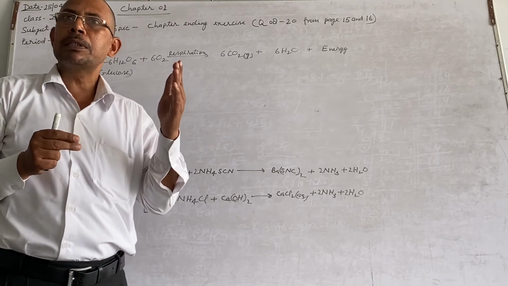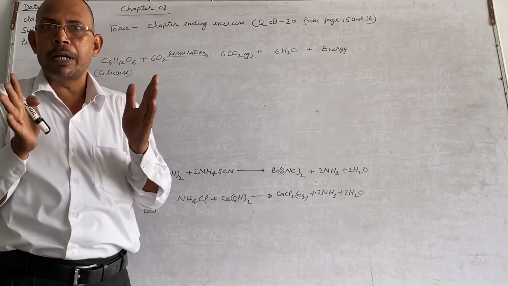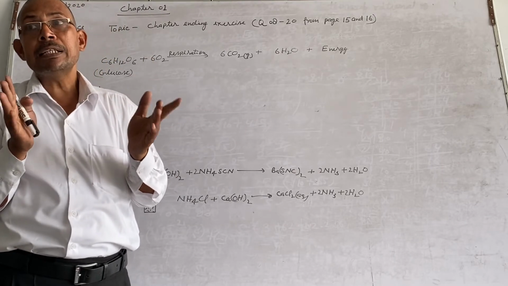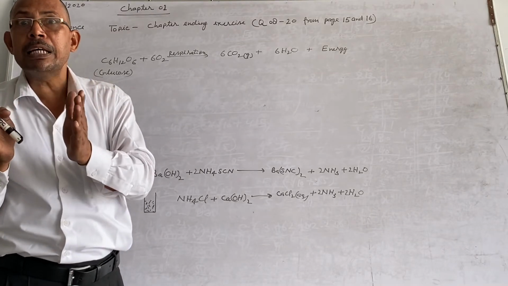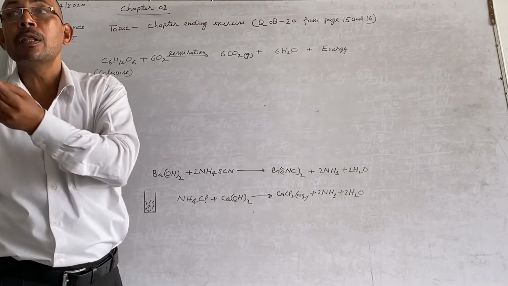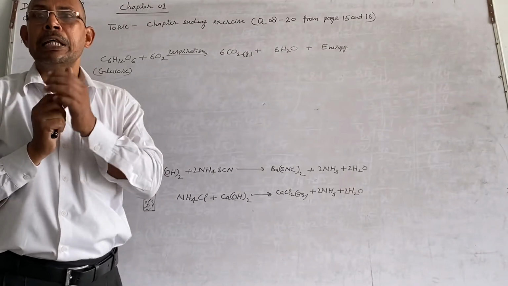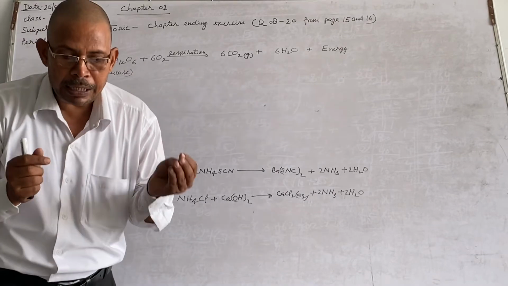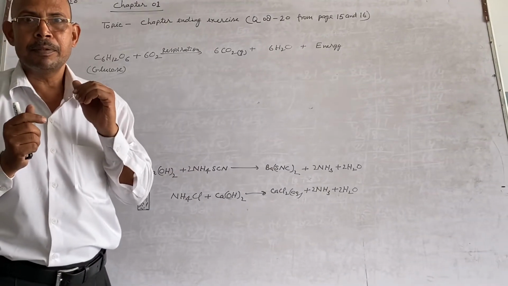A chemical substance is split up into two or more simpler substances, whereas in a combination reaction, two or more simpler substances combine to form a single product. Therefore, it can be said that decomposition reaction is the opposite of combination reaction. Right?